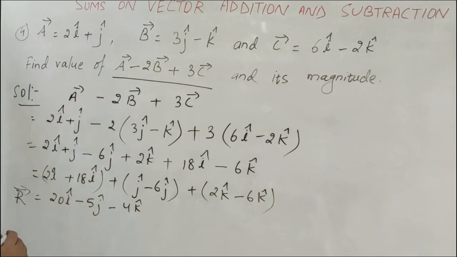Next, what do you have to find? Magnitude also. Magnitude means the mode of the R vector, because the magnitude of a vector is always positive.